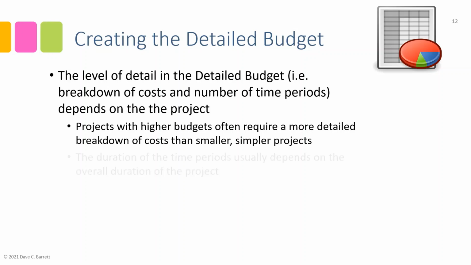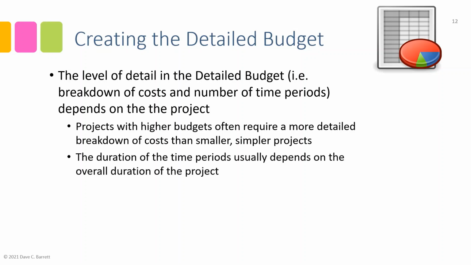So it can vary. The duration of the time periods usually depends on the overall duration of the project. Very long projects may have monthly or even quarterly time periods, versus shorter projects. In this case, the DecoCam product launch project is fairly short. It has weekly time periods. So the duration of the time periods, the columns in the detailed budget, can vary depending on the overall duration of the project.